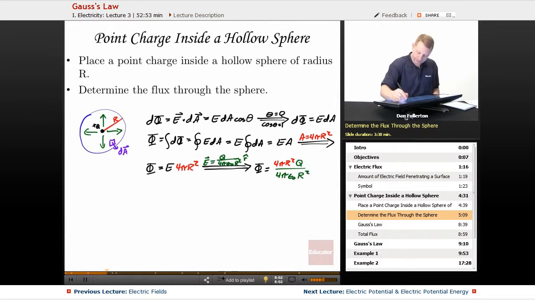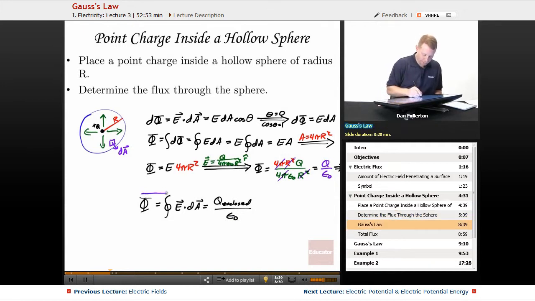And all of that then must be equal to Q over epsilon naught. Simplifies very nicely, which implies then that the total flux is equal to the integral over the closed surface of E dot dA, which was equal to the total charge enclosed by our sphere divided by epsilon naught.